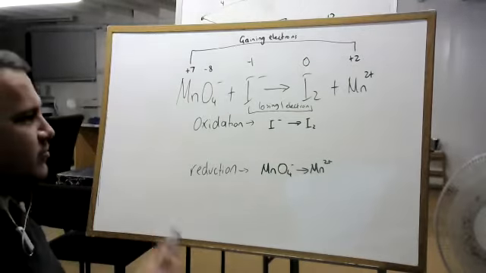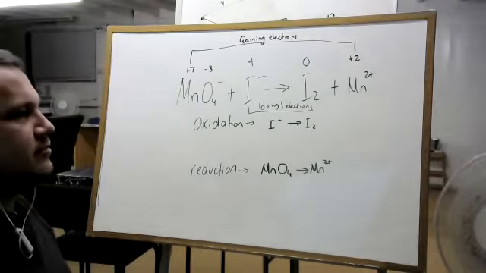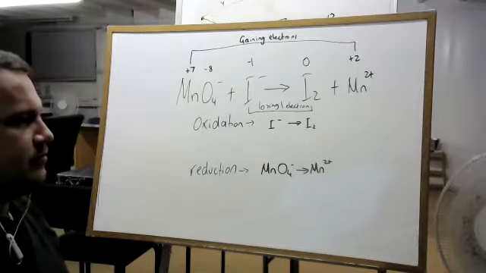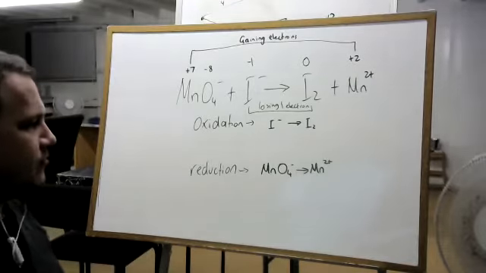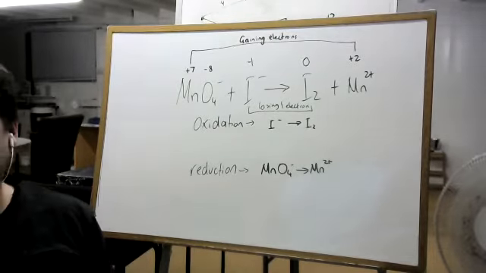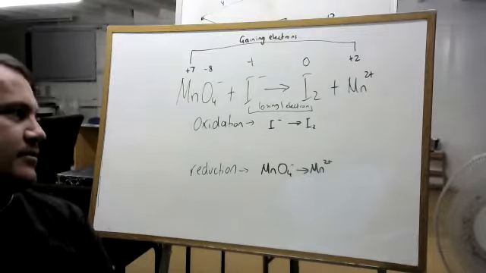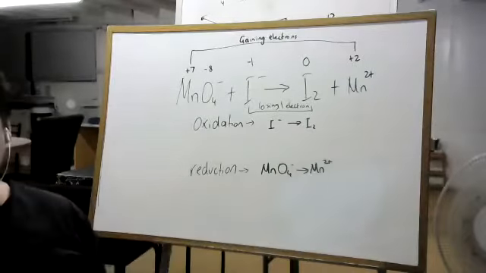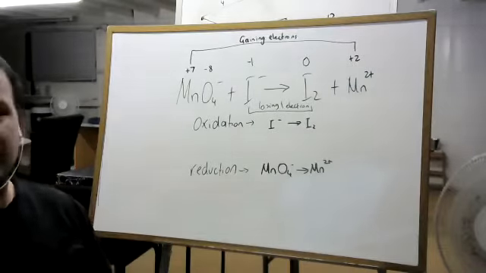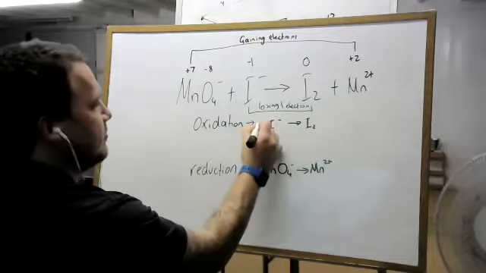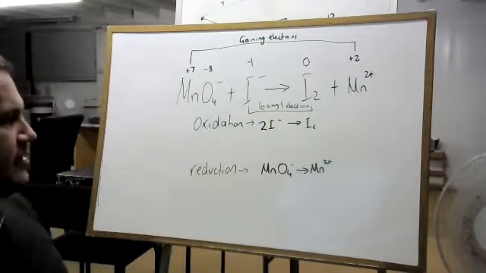What do we know about chemical reactions? What do they need to be? Balanced. So we place a 2 in front of our iodine.